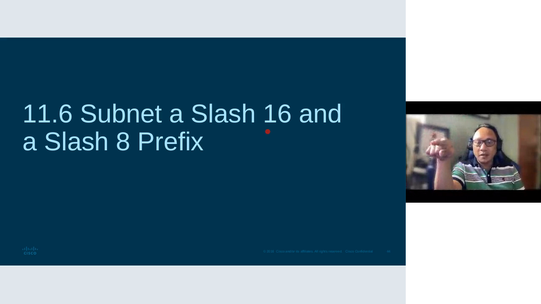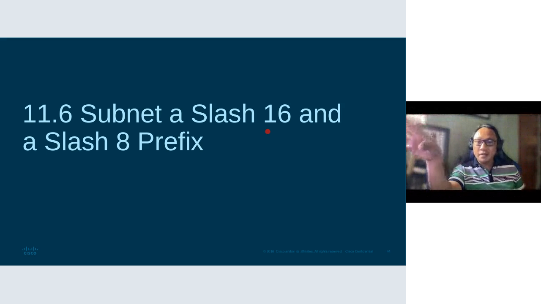So ang subnet mask niyan is 255.255.0.0. Now, yung unborrowed bits na hindi kasama sa network portion is also 2 raised to 16. And what is 2 raised to 16? Napakarami niyan. If you're going to compute that, that's around millions of hosts that can be used in a /16.